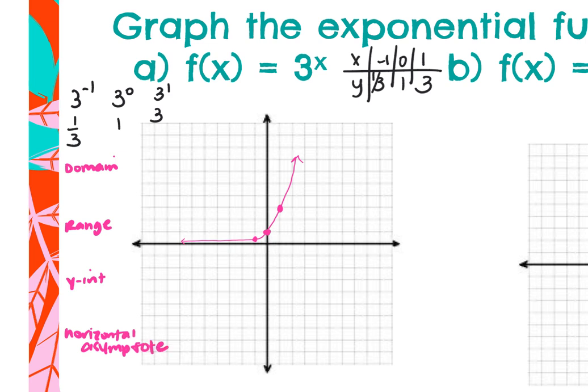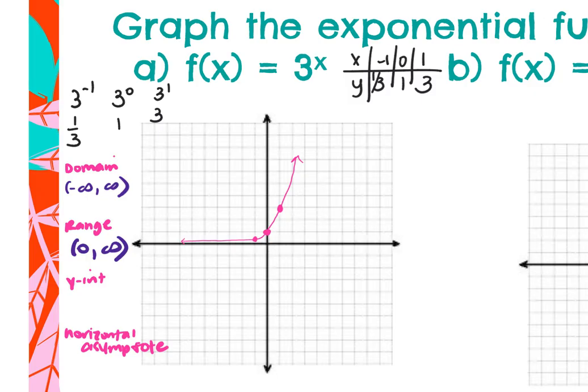What's the domain of every exponential function? All real numbers, so -infinity to +infinity. What's the range on this function? 1/3 to infinity. So 1/3 is the lowest one we got, but it would keep going, right? What's it not going to hit? But get close to 0, and we don't include it, so it gets a parentheses, 0 to +infinity.